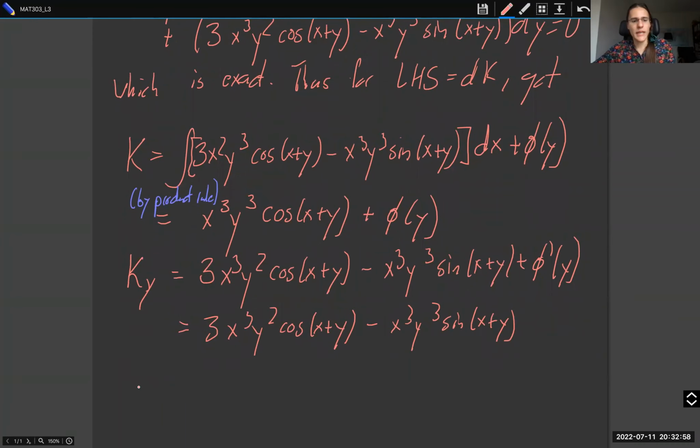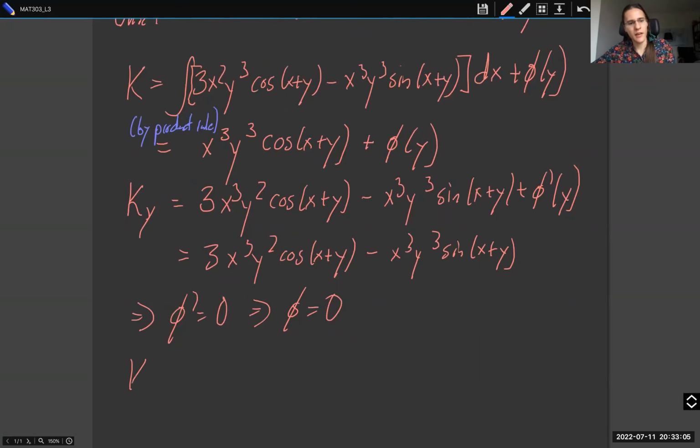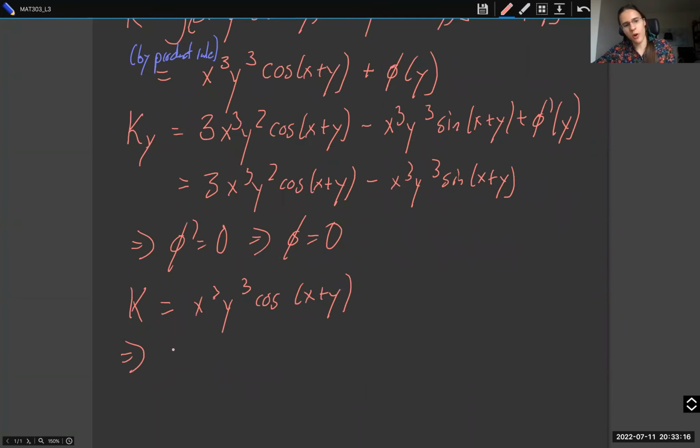And so we get as a consequence that phi prime is 0, and so phi is 0, and so k is just this expression. And so the solutions are x cubed y cubed cos(x plus y) equals c. And that's the problem.